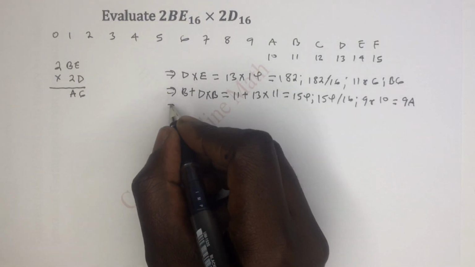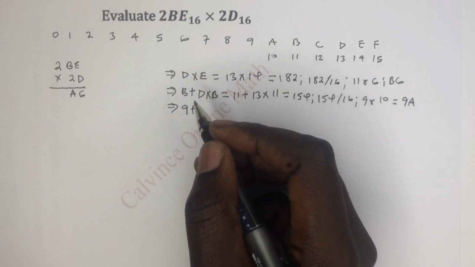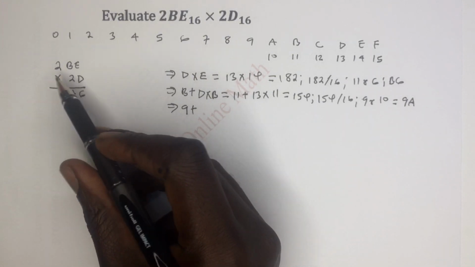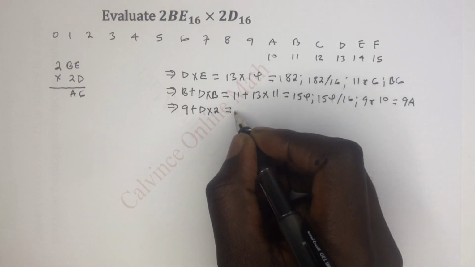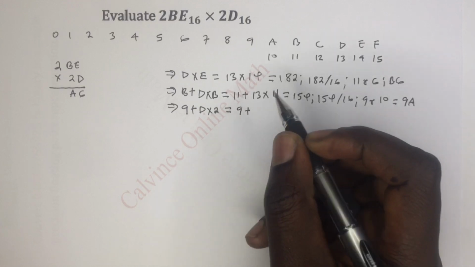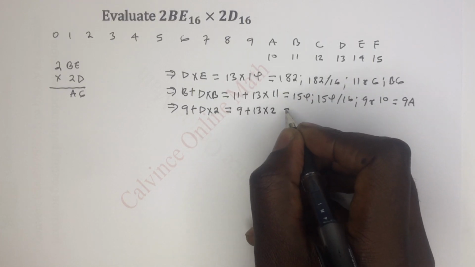In the next step you have 9, which was the carry, plus the next multiplication, which is D times 2. So 9 plus D times 2, and D is 13, so 13 times 2.